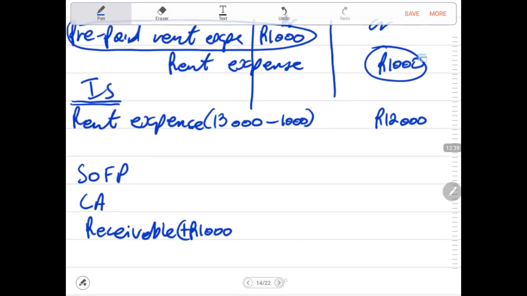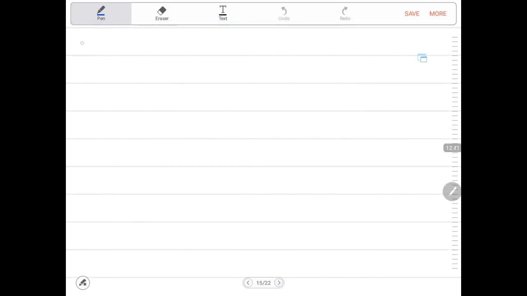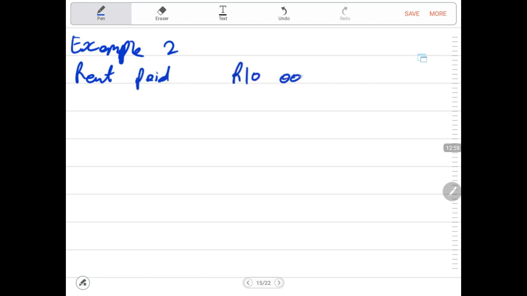Then we go to scenario number 2. My example number 2. We still have the same rent. Then we say rent paid. Rent paid 10,000. This is the amount of rent that we have paid.